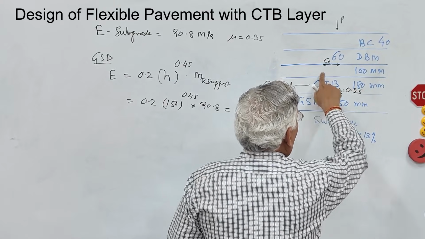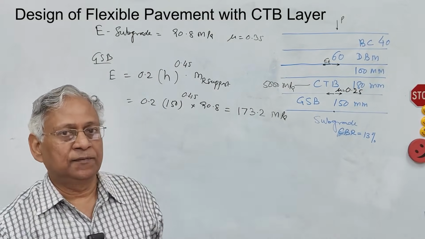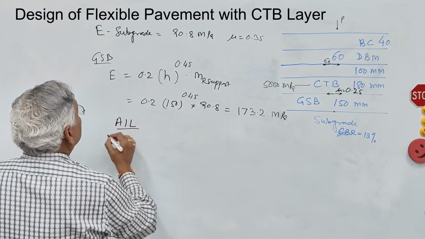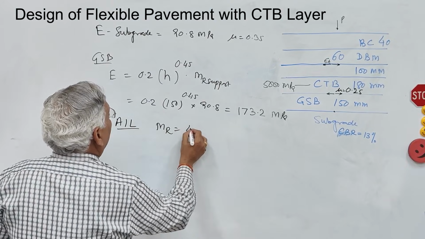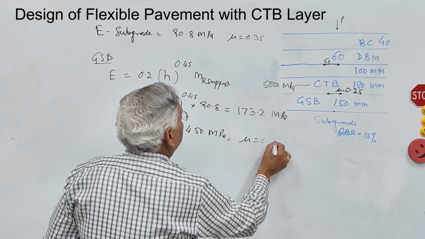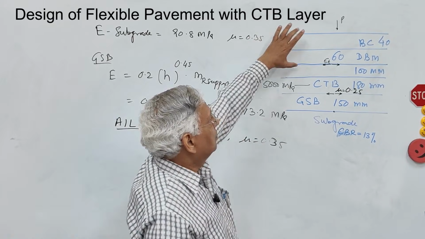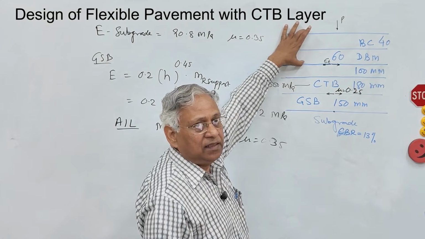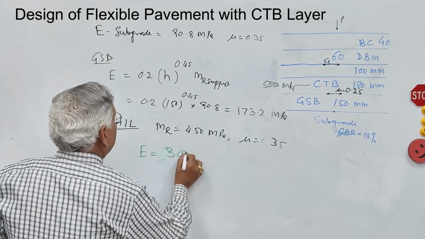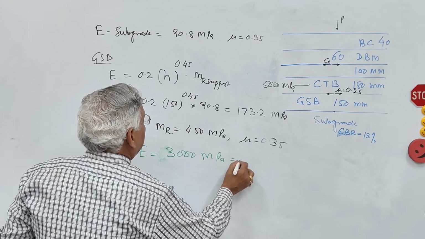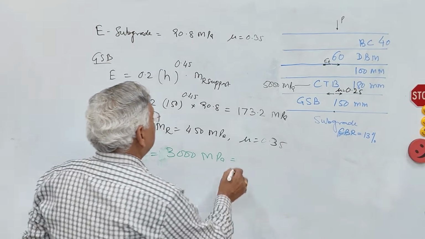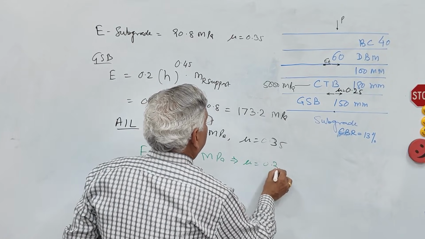For AIL, this is generally a WMM material, we take a very low MR value, that is 450 MPa, and its Poisson ratio is 0.35. And for the bituminous layer, DBM plus BC, a combined value of E is 3000 MPa as per IRC 37 at 35 degrees centigrade for VG40 binder, and mu value is 0.35.